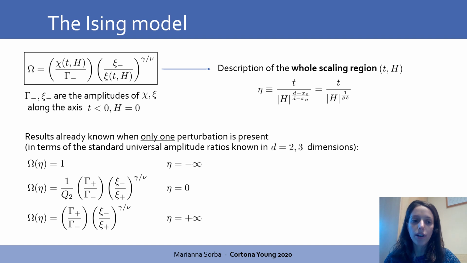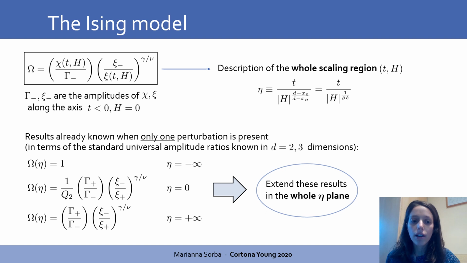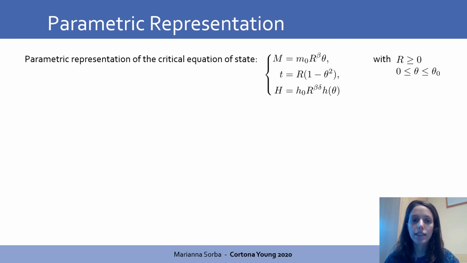So in these 3 points, the omega quantity is already known, and our goal will be to extend these results to the whole eta plane, using these 3 values as benchmarks to test the reliability of our results. In order to address this problem, we study the parametric representation of the critical equation of state in terms of 2 parameters, r and theta, that basically describe the distance from the critical point.